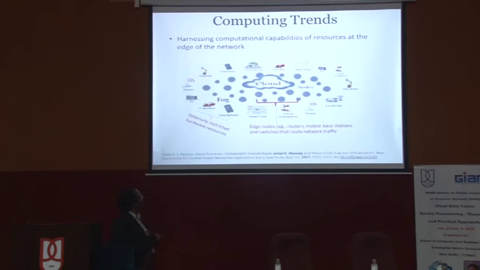Now, fog computing is basically based, at the center, on cloud computing. Okay? Now, at the end, what you see is different types of applications. Sensors generate a lot of data.